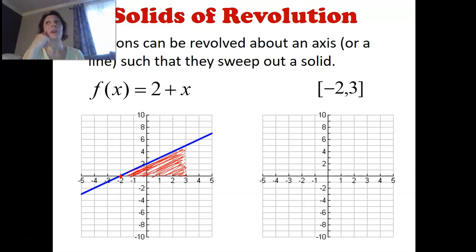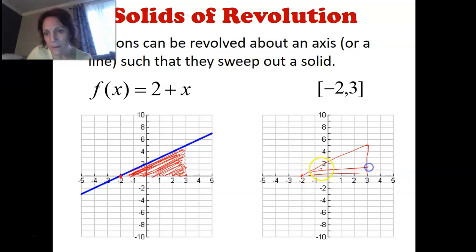Now, for those of us who cannot picture that, I have a trick. I have a trick for getting a picture of your solid. What you are going to do is you are going to draw the region that you're interested in. So what is that? 3, 5, right? So here's my region.